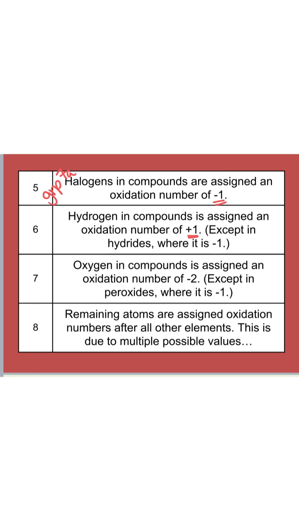Oxygen in a compound is assigned an oxidation number of a -2, except in peroxides where it's a -1. Again, these exceptions are not going to happen super often. Any remaining atoms are assigned oxidation numbers after all the other elements. So you need to go through and do everything that has a specific rule first, and then you can do the other atoms that are left over.